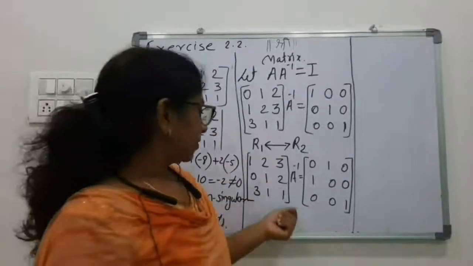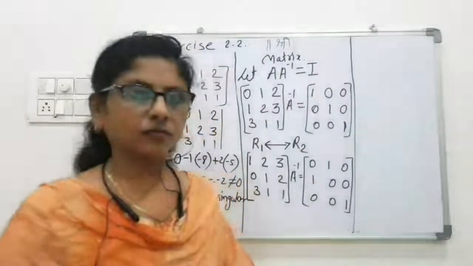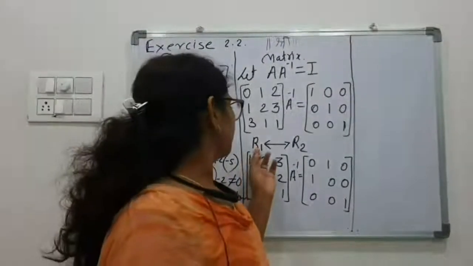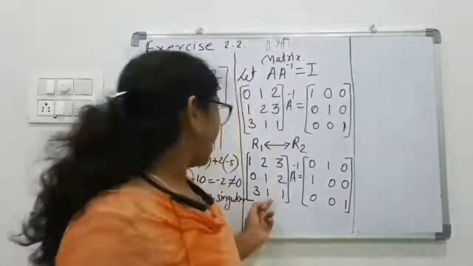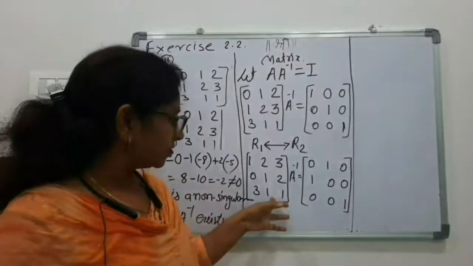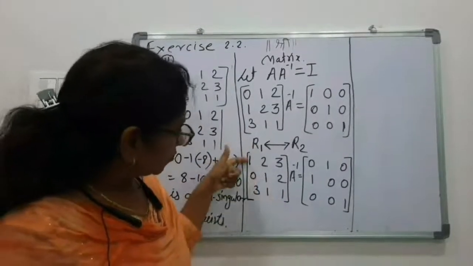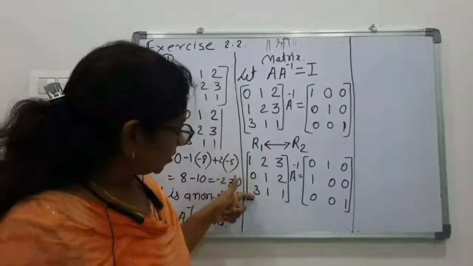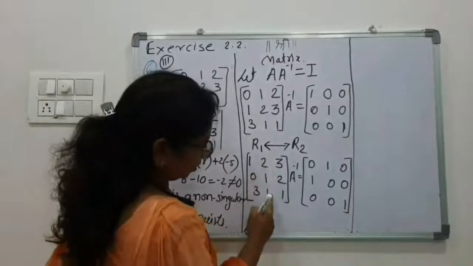Okay students, now see. We have chosen to apply row transformations. So to bring the identity matrix from this matrix, we have to go column by column. First 1 here, then 0, then 0; then we will bring 1 here in the second column, then 0 and 0.